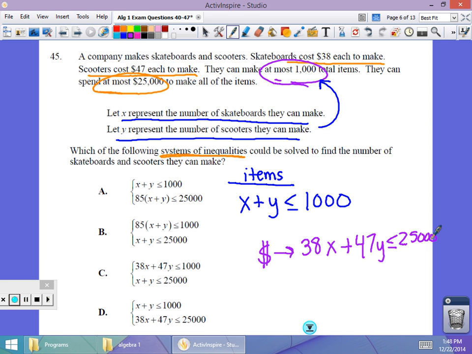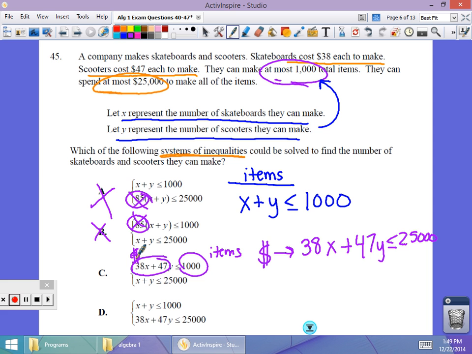Let's look at our answer choices. We can automatically cross off A and B because of this 85. We haven't said anything about multiplying anything by 85. C and D look like the most viable options. However, if you look at C, we have the number of items going with the money.